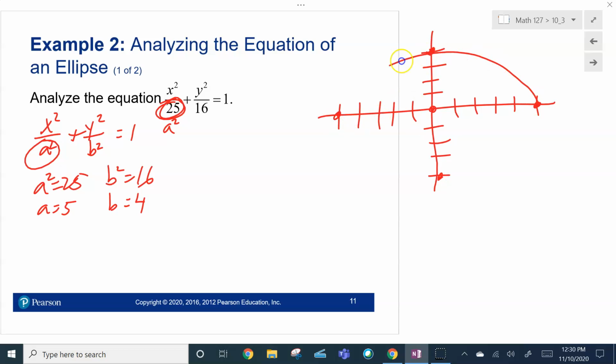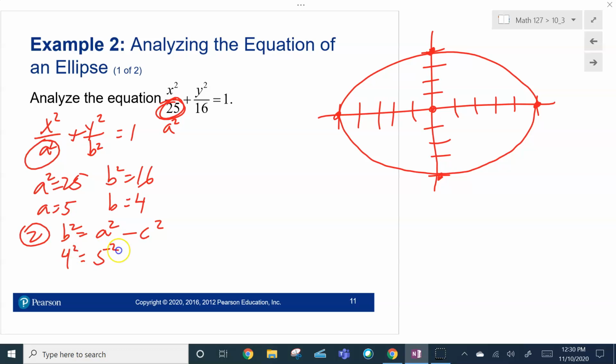The only problem is I don't know where my focus is, so I'm going to use the fact that b squared equals a squared minus c squared. b is 4, so I've got 4 squared, and a is 5, so 5 squared. In other words, c squared equals 25 minus 16, which is 9. So c is 3. I'm going to count from the center: 1, 2, 3.